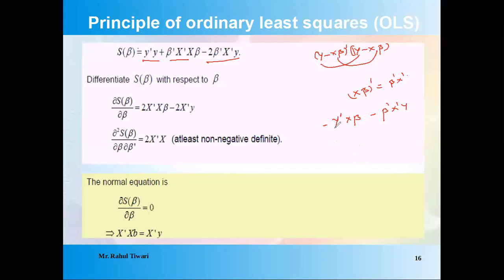Now there are several results which are not included here. But there are several results. This y prime is equal to y and beta dash prime is equal to beta.